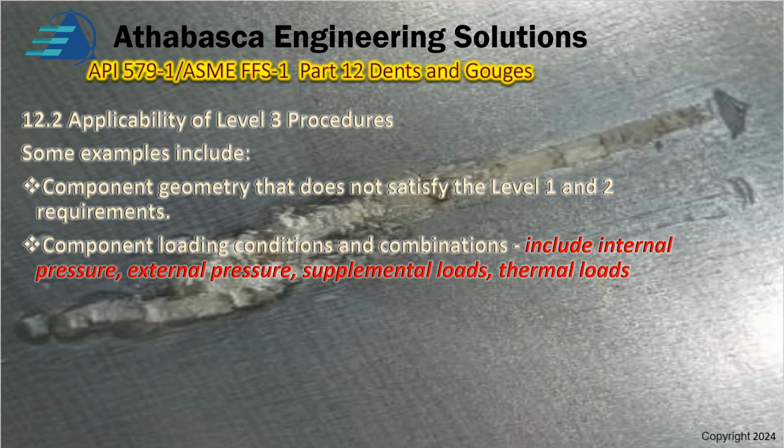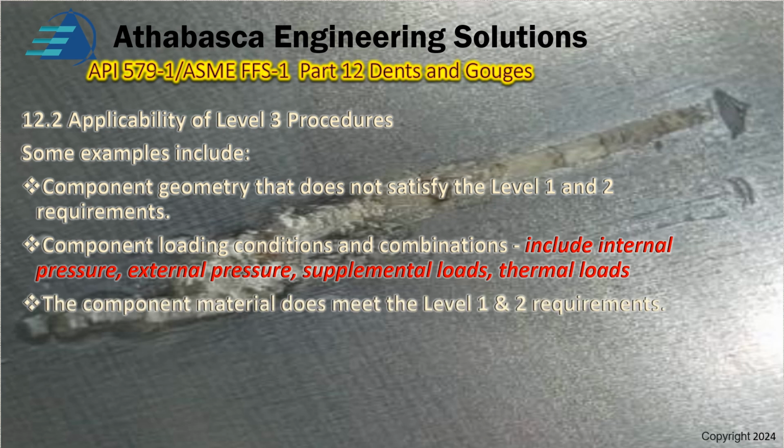Another is component loading combinations that can include internal pressure, external pressure, supplemental loads like wind, earthquake, and thermal loads. Recall that in levels 1 and 2 that was not permitted. You had to use pressure only, assuming the other load combinations were negligible.